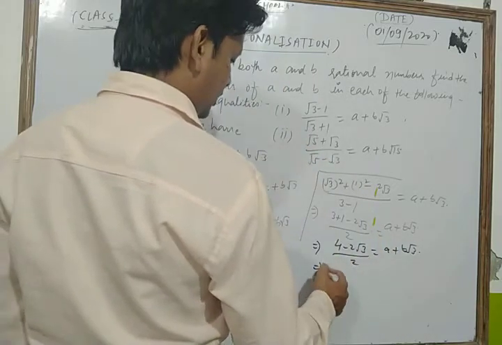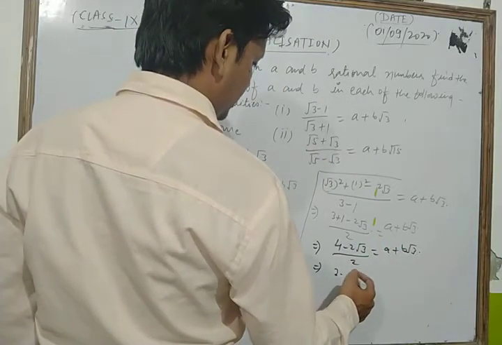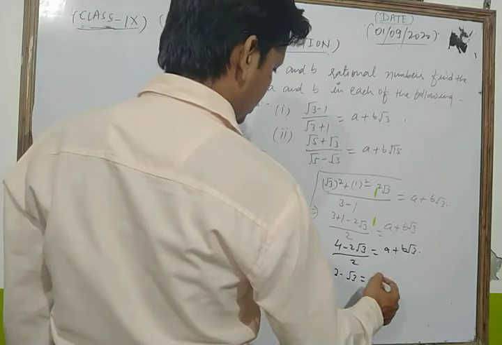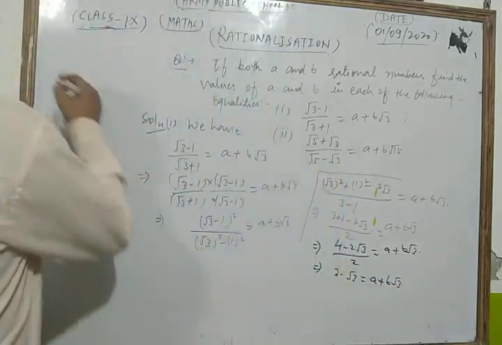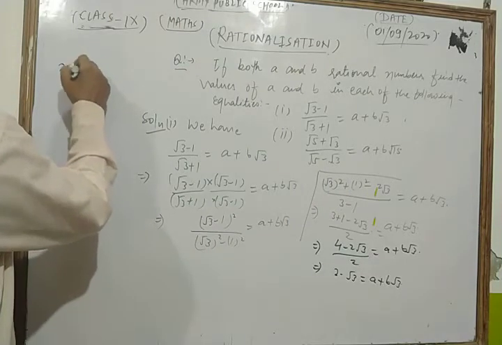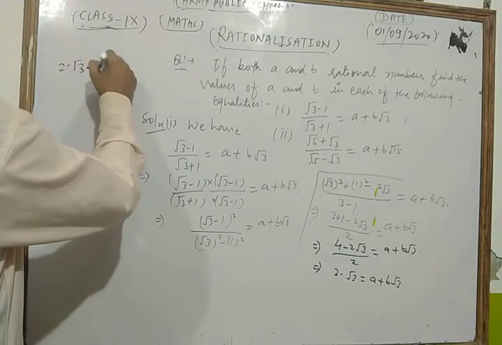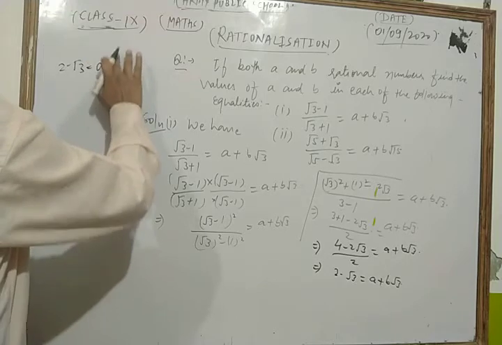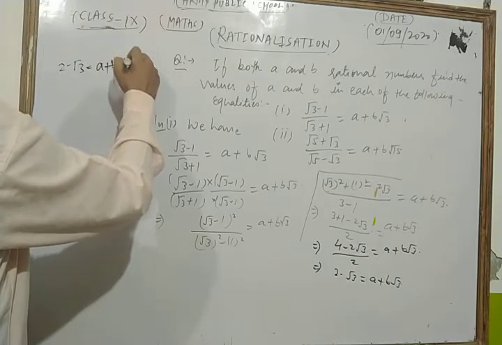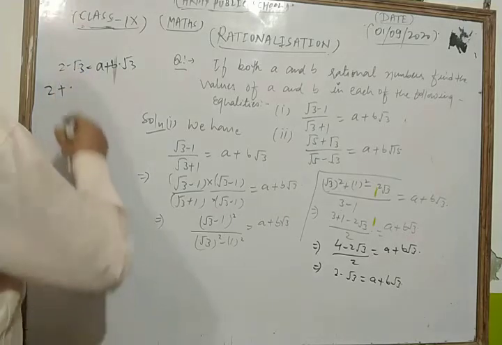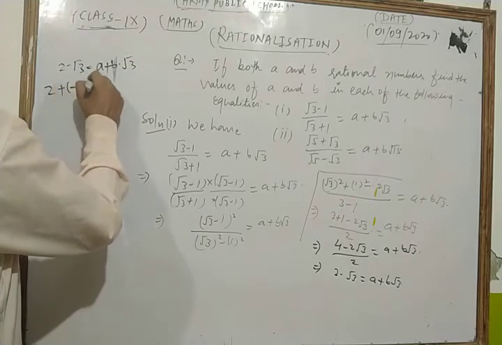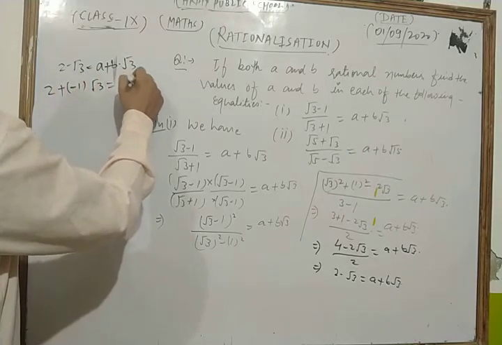Here 2 is taken common, so we get 2 minus root 3 is equal to a plus b root 3. Now we write 2 plus minus 1 into root 3 is equal to a plus b root 3.